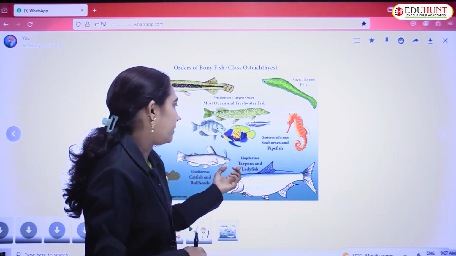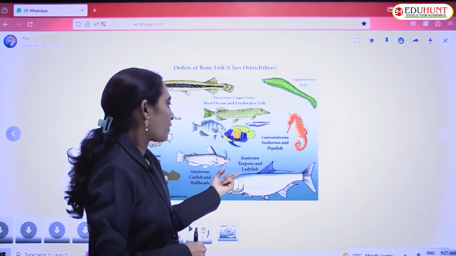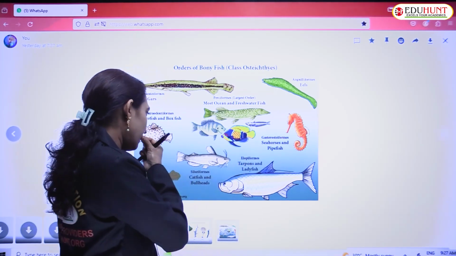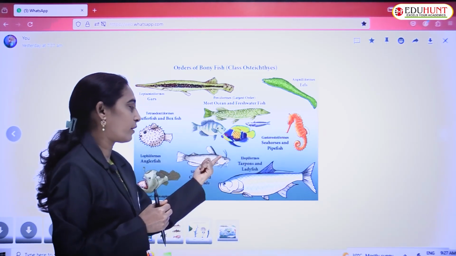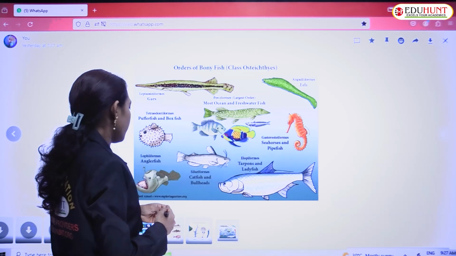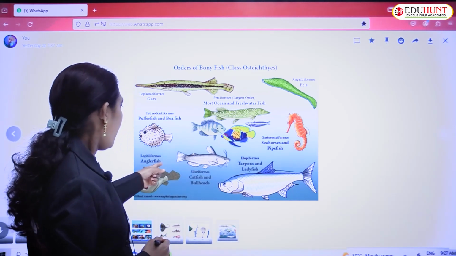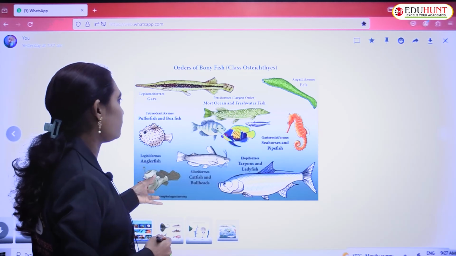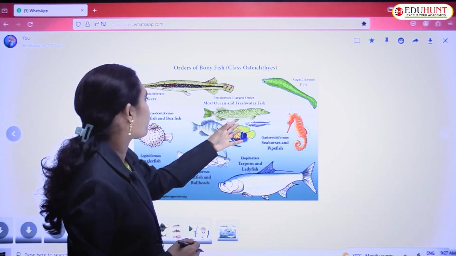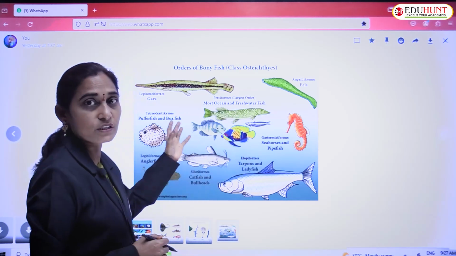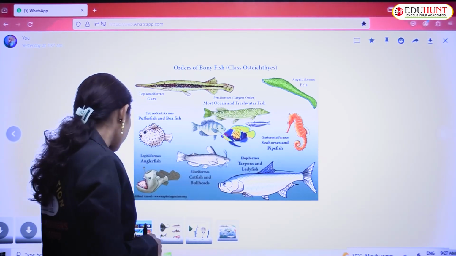And it is tarpon and ladyfish. It is catfish, where you can see the bristle-like structures. And it is angelfish, it looks dangerous. And here some of the ocean fish and beautiful fish were shown in the picture.